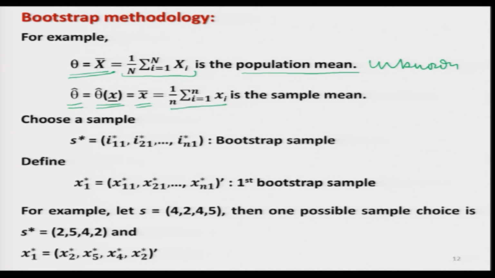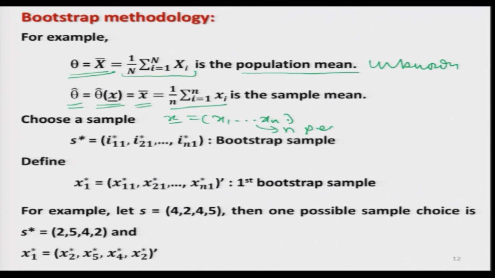Right. Now, I try to choose a sample. We already have drawn a sample x, which is my original sample, and now from this sample, which was x1, x2, up to xn, we are trying to choose n possible values.